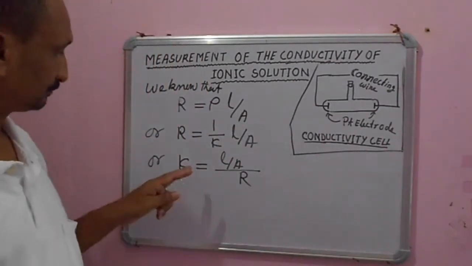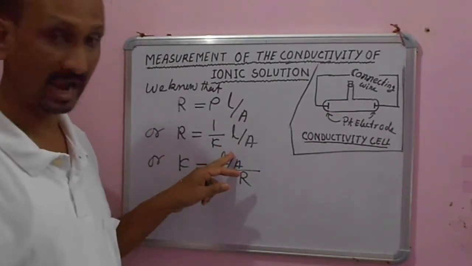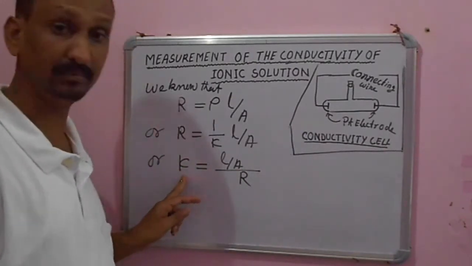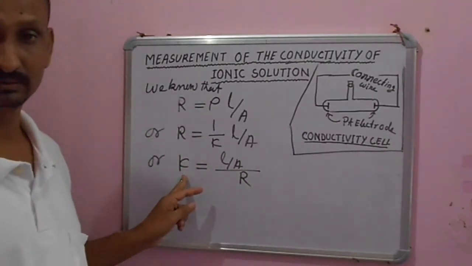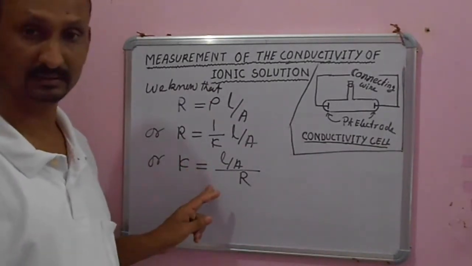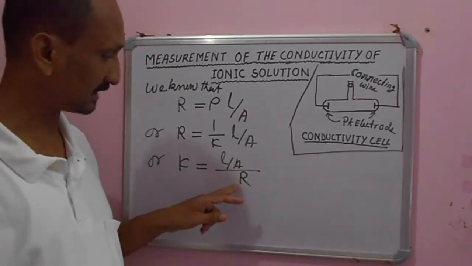So now if you know the value of L by A and the resistance R, then the conductivity kappa can be measured.